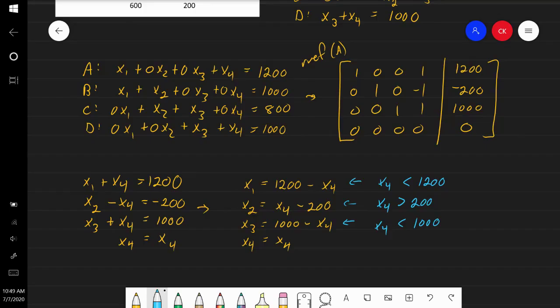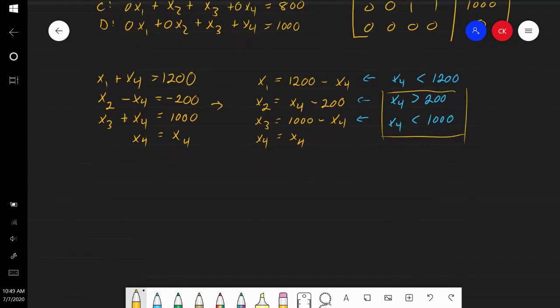So we take the most restrictive of all the scenarios. That means that x4 here will have to be bigger than 200, but also less than 1000. So that gives us a bound on how much carrying capacity we can build into that street. And that's our final statement usually in these types of problems. So you have that 200 is less than x4 is less than 1000.